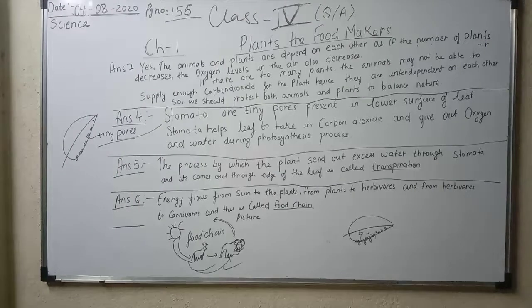I have only added here in the last line, that is, during photosynthesis process. And I have only added here that it is present prominently in the lower surface of the leaf. That's all. Other than this, you can get your answer on page number 148.